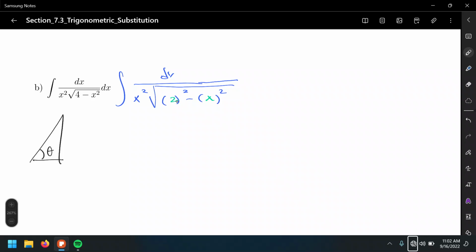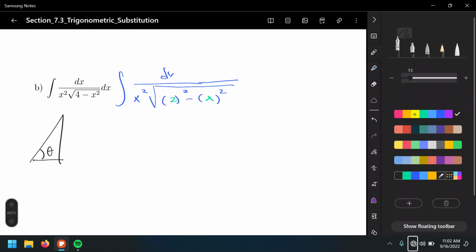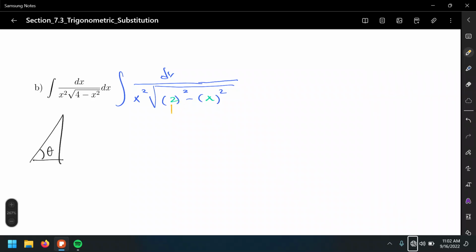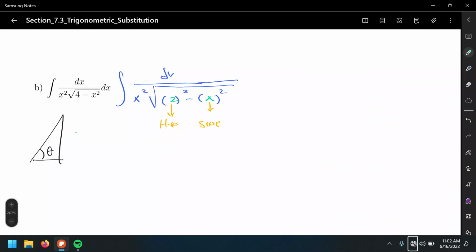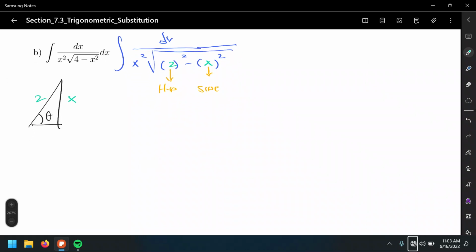This 2 right here is the hypotenuse, and the side is going to be x in this case. It doesn't matter which one it is. Again, I just suggest that you take the opposite to be the x.